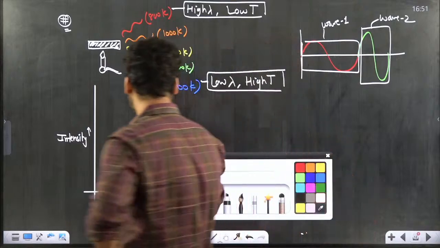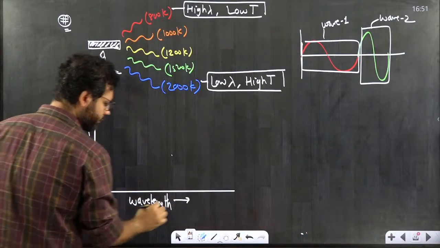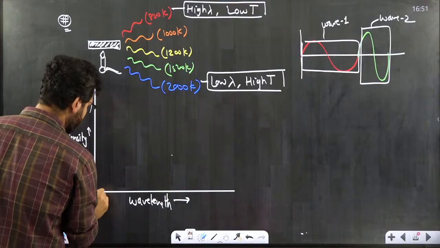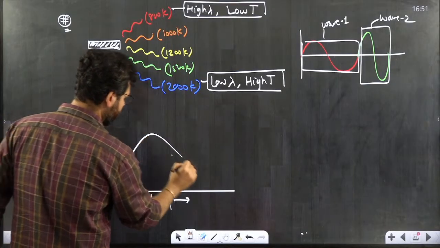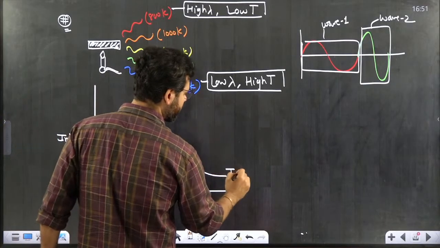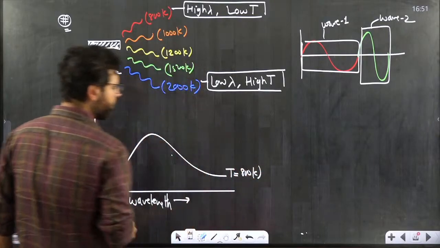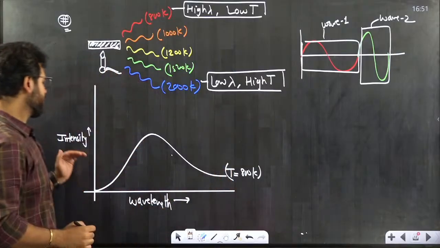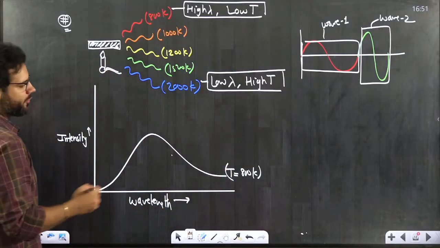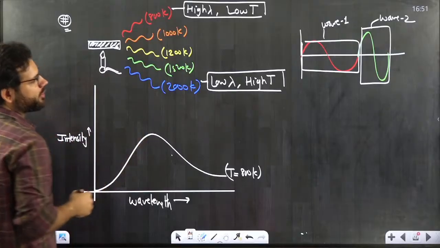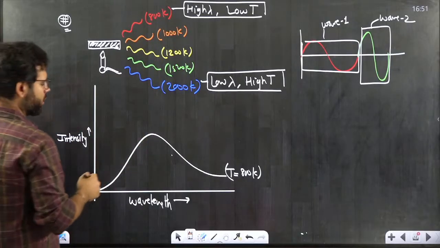So the graph comes out to be something like this. It comes like a bell-shaped curve at a low temperature of, let's say, 800 Kelvin. This graph represents intensity, meaning number of photons or number of waves coming out.